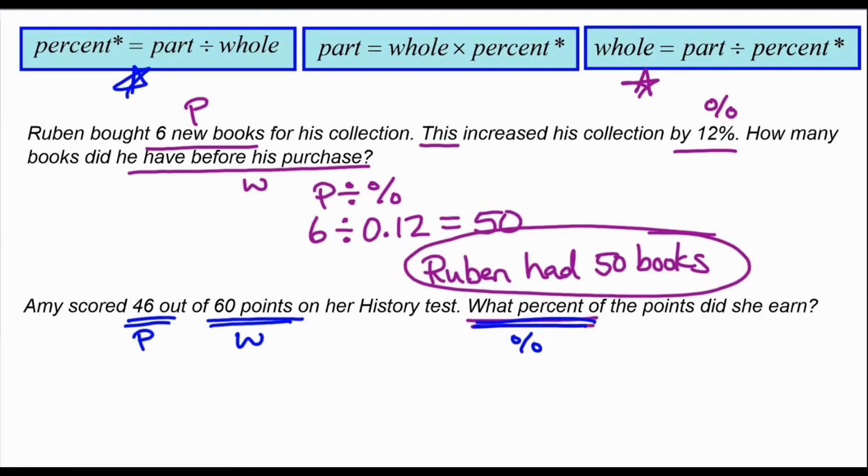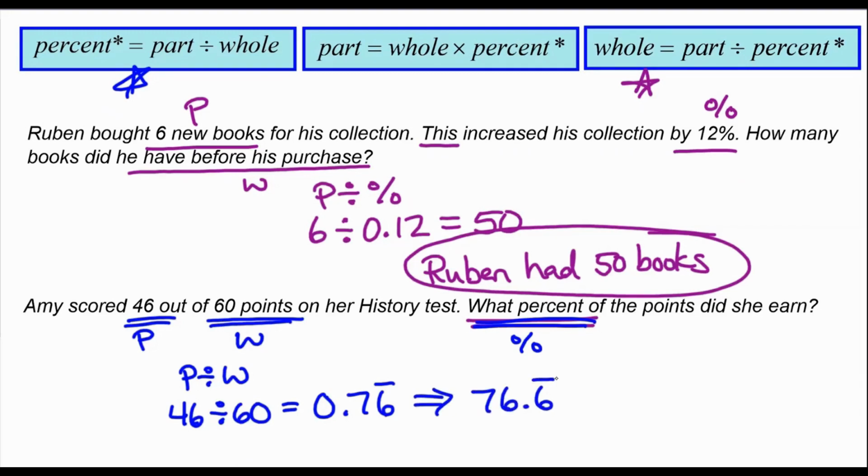The percent is equal to the part divided by the whole. So part divided by whole, and that would be 46 divided by 60. And 46 divided by 60 is 0.76 repeating. And again, that's the percent as a decimal. So I multiply that by 100, and I get 76.6 repeating percent.